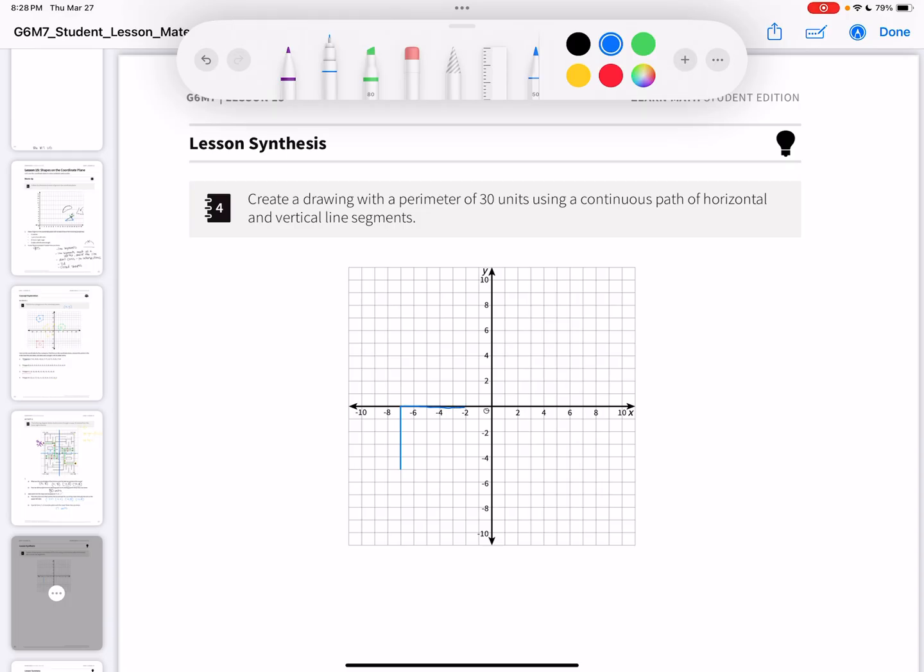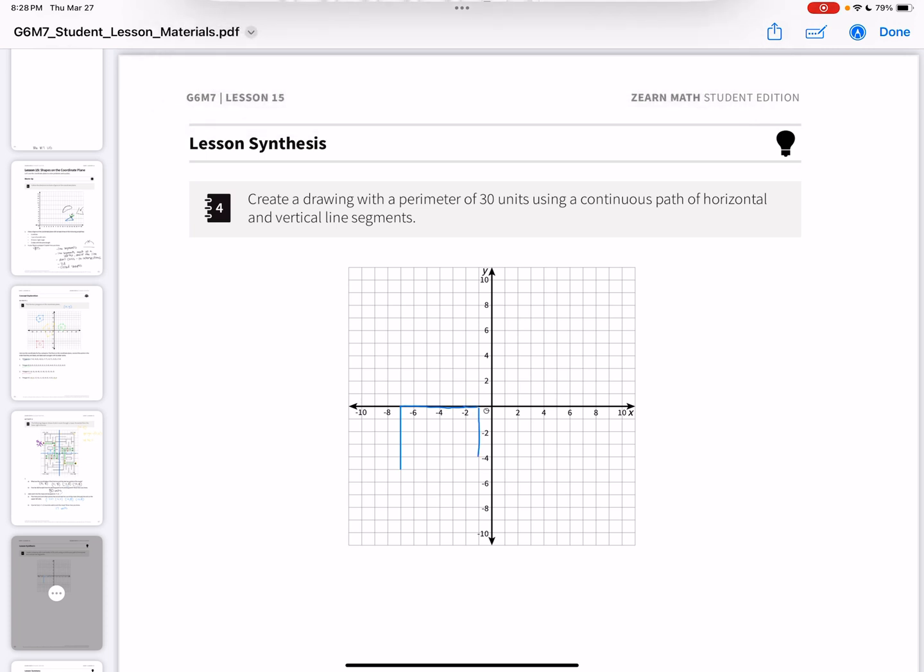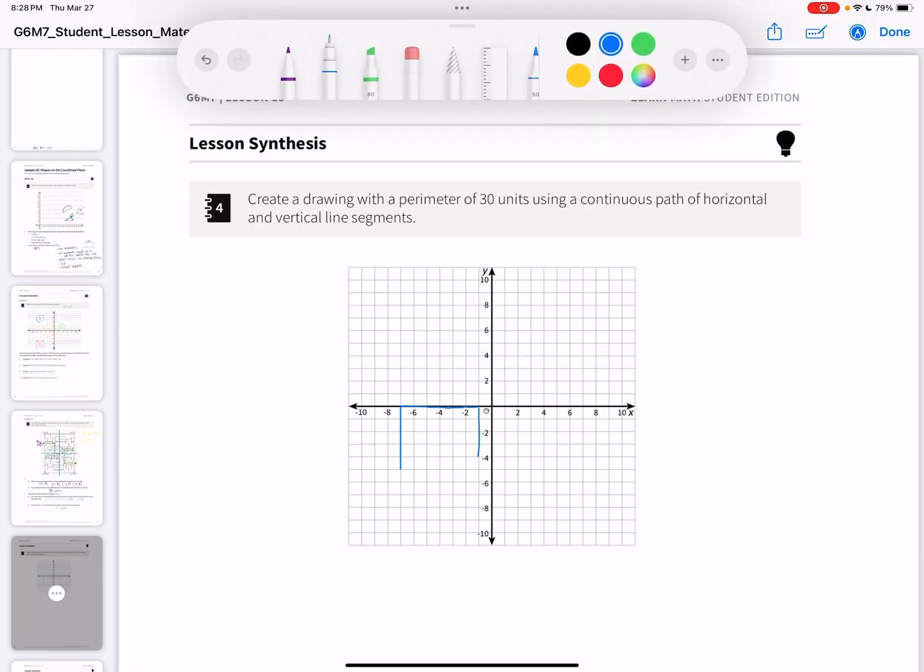And I'm actually going to go 6. And I'm going to do 1, 2, 3, 4. Let's see. 5, 6, 7, 8, 9, 10, 11, 12, 13, 14, 15, 16, 17, 18, 19, 20, 21, 22, 23, 24, 25, 26, 27, 28, 29, 30. There we go. And that's 1, 2, 3, 4, 5, 6 lines.